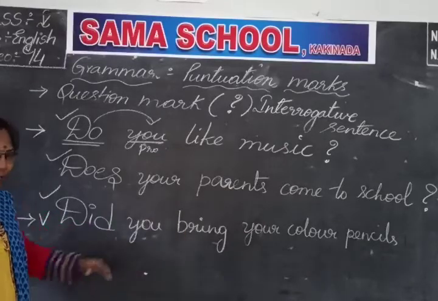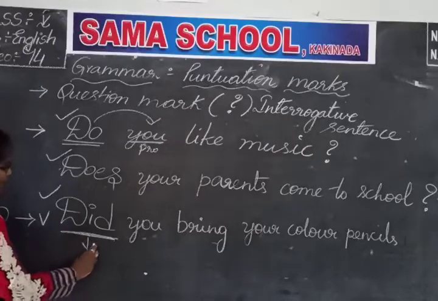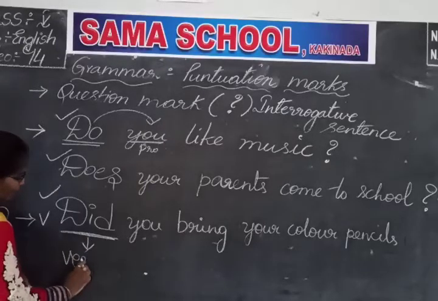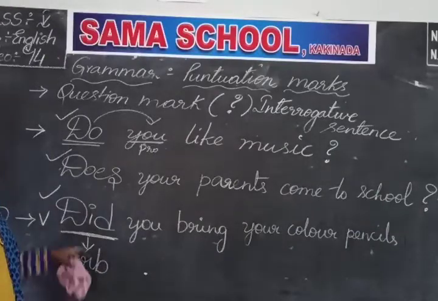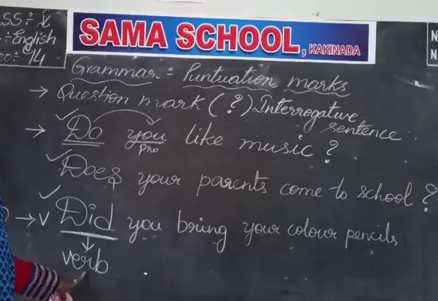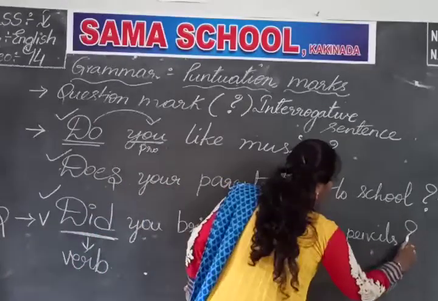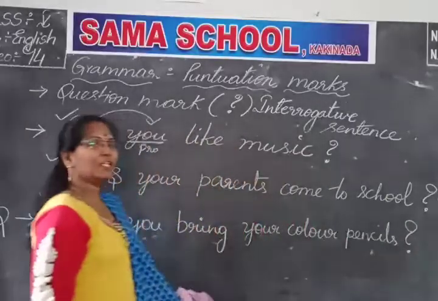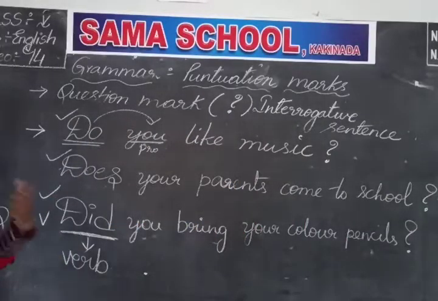So did you? Did is a question word and it is a verb. When we start with any supporting verb, if a sentence is starting with any supporting verb, that is also considered as a question. So we should place a question mark.